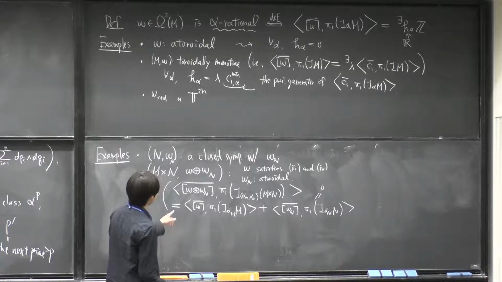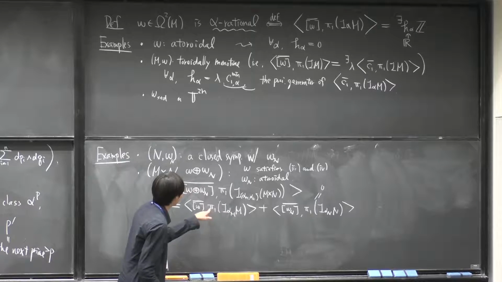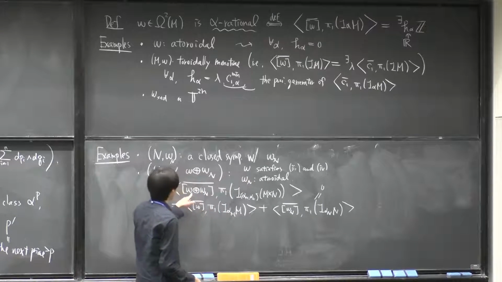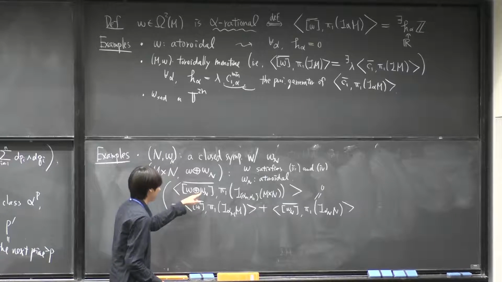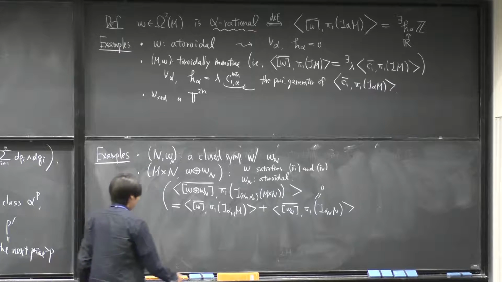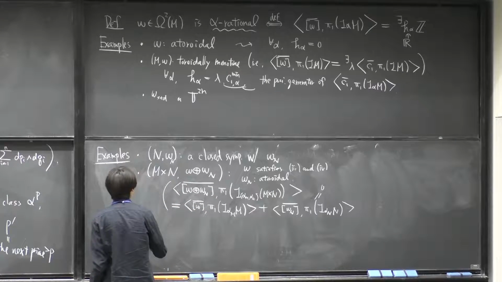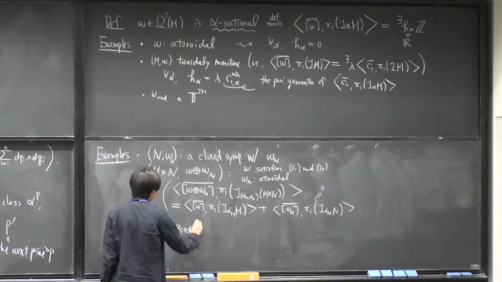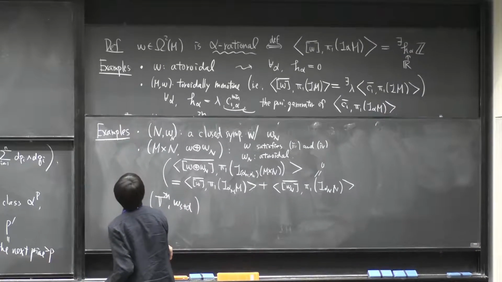So if omega satisfies 2 conditions, then so does omega plus omega n. And of course, the main result is an example.